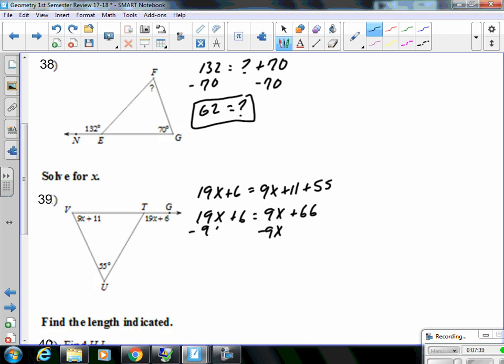Subtract the 9x and subtract 6. So 10x equals 60, divided by 10. X equals 6.